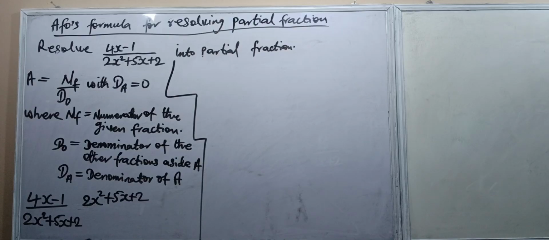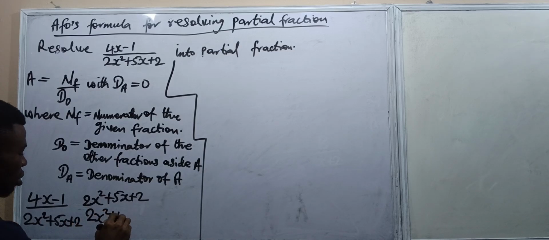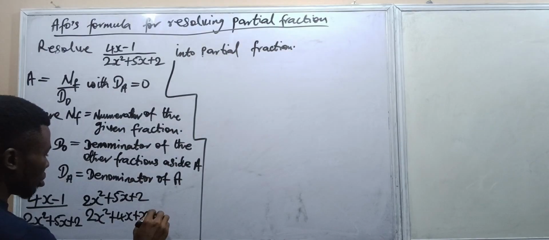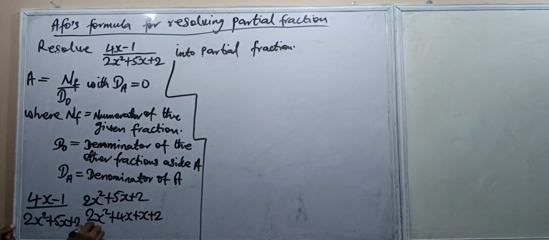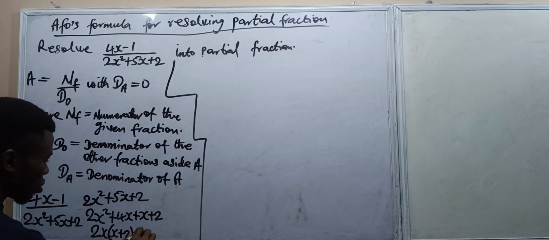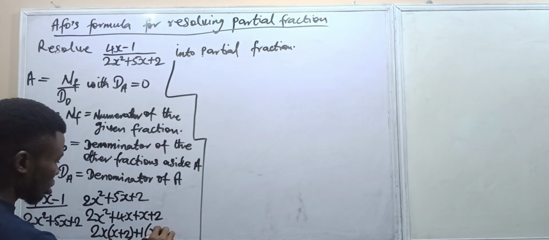So this is equal to 2x squared plus 4x plus x plus 2. From there, we factorize: 2x into x plus 2, plus 1 into x plus 2.